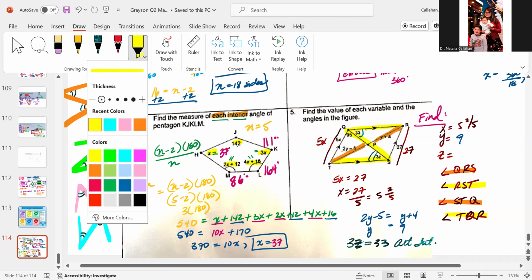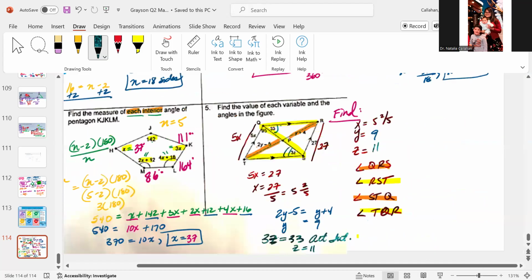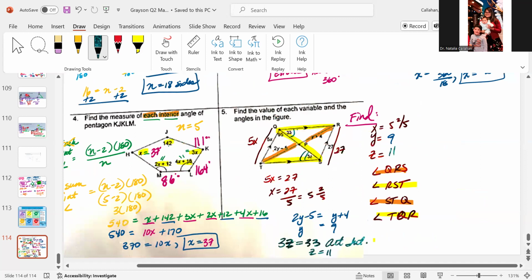All right. So z equals what? 11, right? All right. One of the angles, you already know what it is. Which angle can you already find out? Because I already gave you the number. Do you see the one that says RQT? Wait, QRS or TQR? Yeah, TQR is this angle.